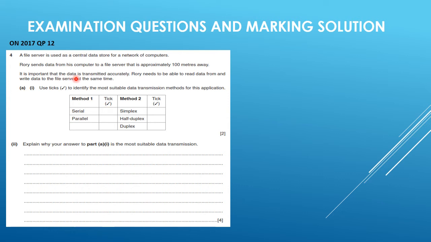Next, it is important that the data is transmitted accurately. Rory needs to be able to read data from and write data to the file server at the same time. When both functions need to be performed, reading and writing, it means sending data and getting data at the same time. So for that, I think the duplex method will be used. Yes, so you will put a tick in the right box.